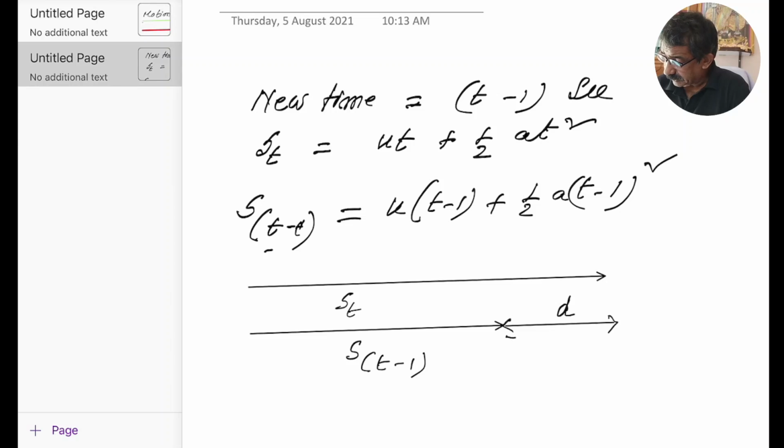So this distance d is traveled by the particle in tth second.